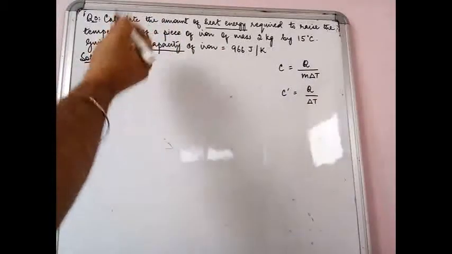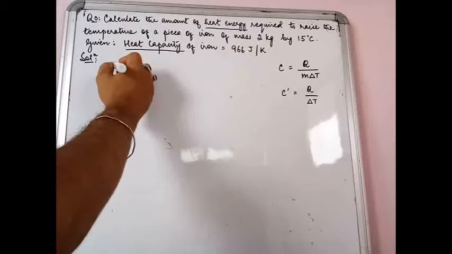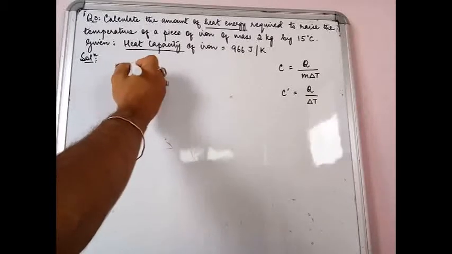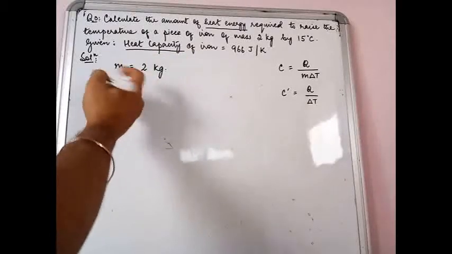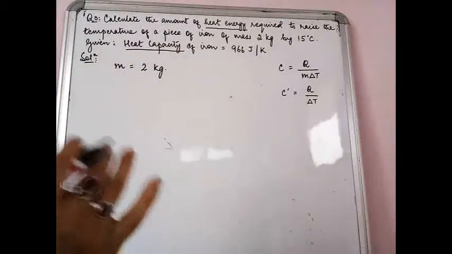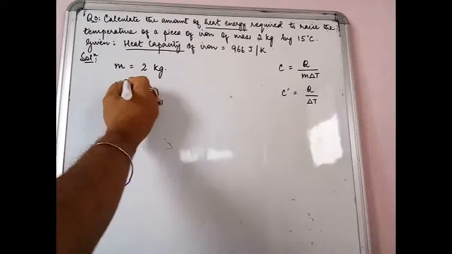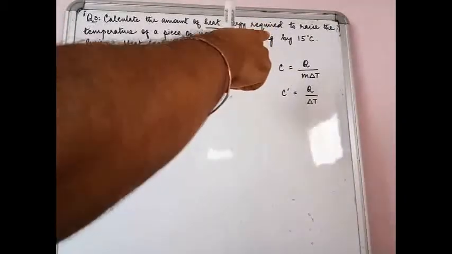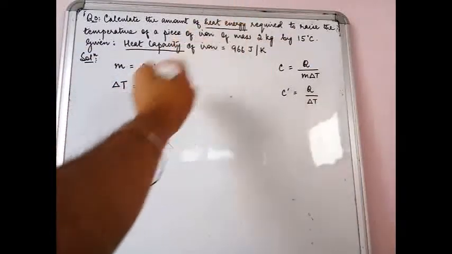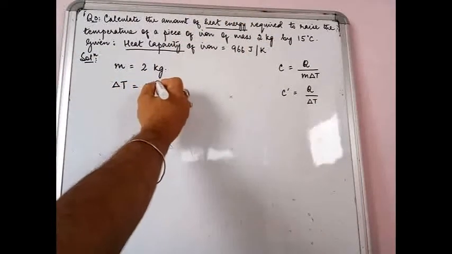Now let us first list the information that is available to us. We have the mass as 2 kgs. This is already in SI units, so we don't have to change anything. Delta T, the change in the temperature, is 15 degrees centigrade.